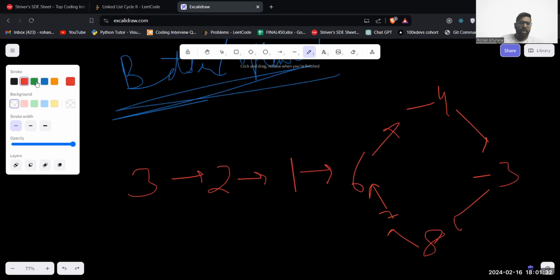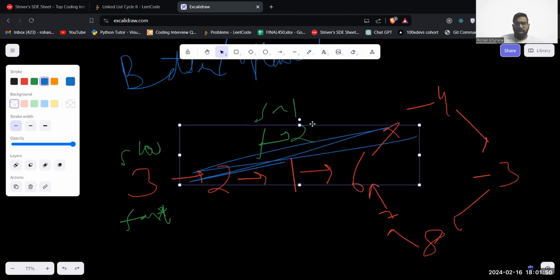Cool. Very random. Let's take slow here and fast here as well. And if you remember, we move slow by 1 pointer, fast by 2 points, right? We generally do this.